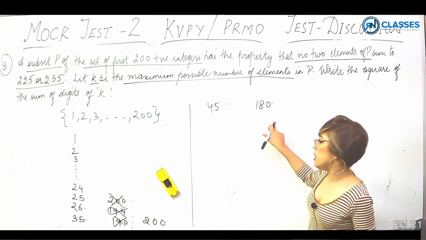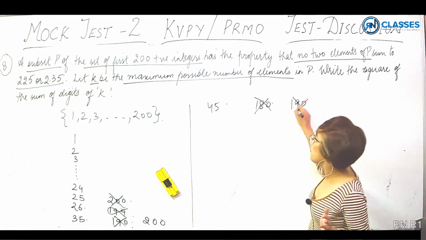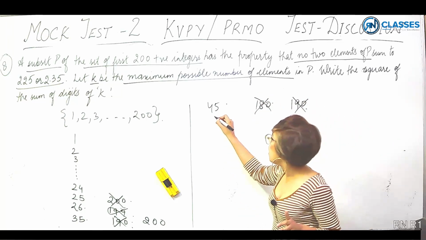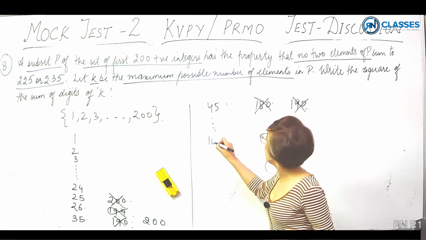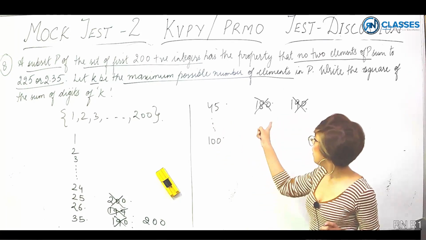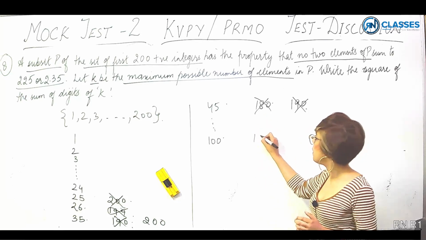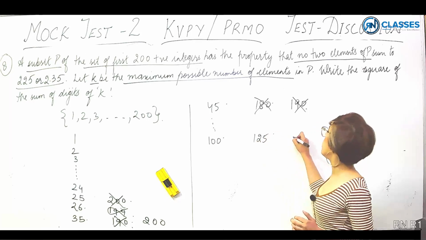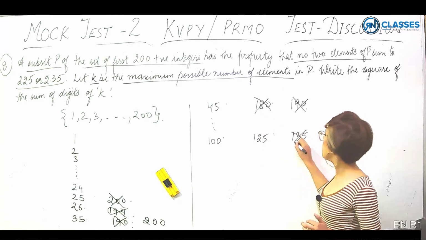And considering that, I cannot take 190, which already I have not taken, so it's absolutely fine. Then, let me increase. So, let me add 55 itself, so on. I can take 100. And then I cannot take 135, which must have been already rejected here. So I don't care about these.